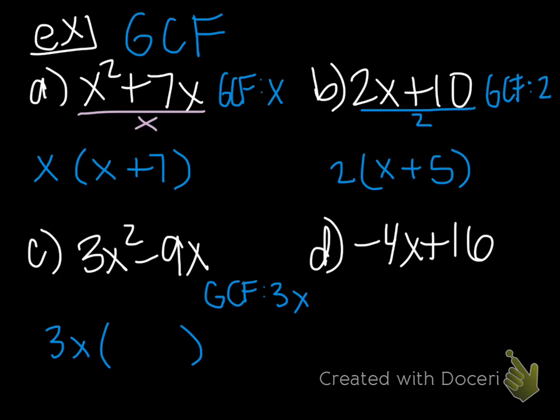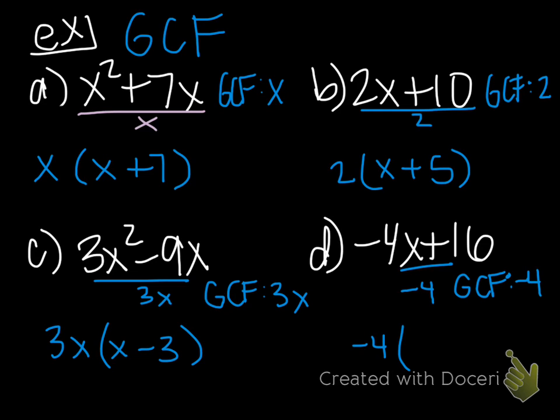And again, dividing them both by 3x, I'm left with x minus 3. And letter D, whenever the first term is negative, you always want to take out the negative with it. So for this one, I'm taking out the negative 4. And when I divide that out, I'm left with x minus 4.